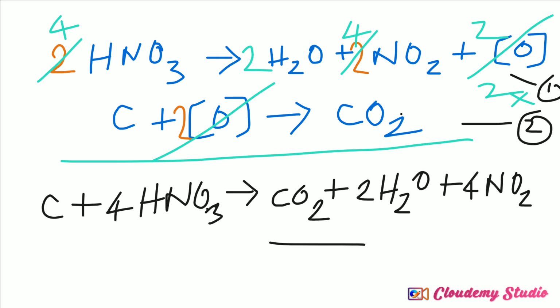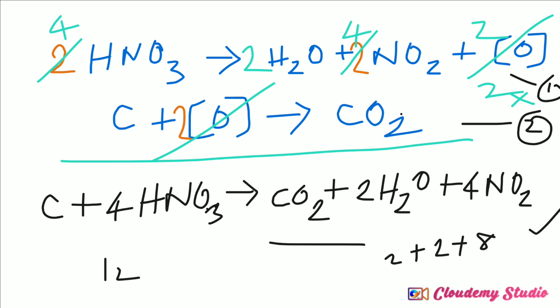Oxygen: left hand side 12, and right hand side 2 plus 2 plus 4 times 2, 8, that is also 12. So all the atoms on the reactant side as well as the product side are equal. So now the equation is balanced.